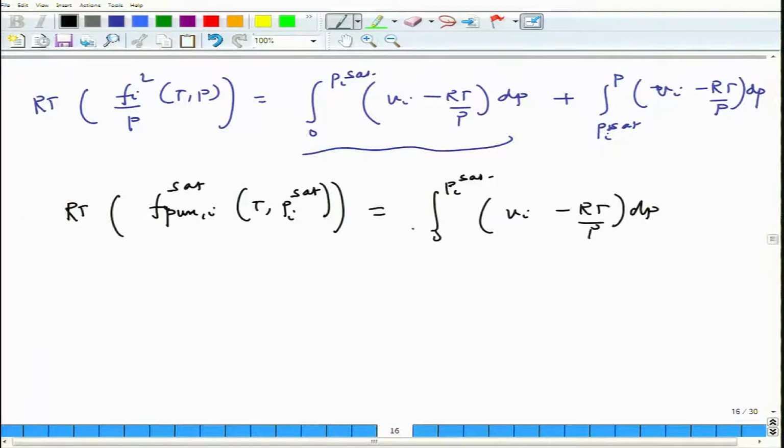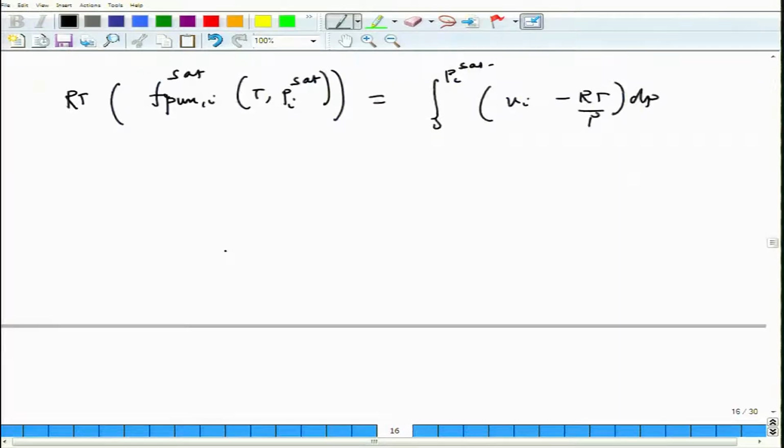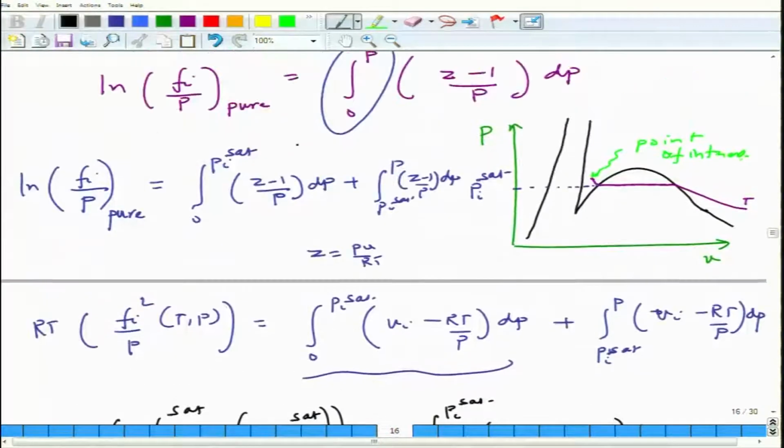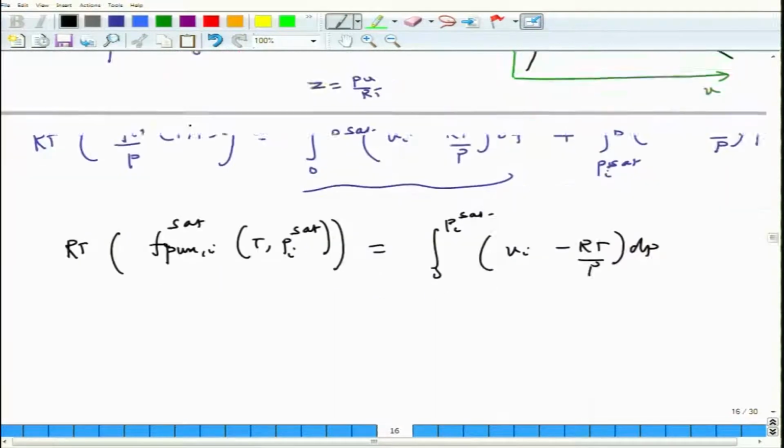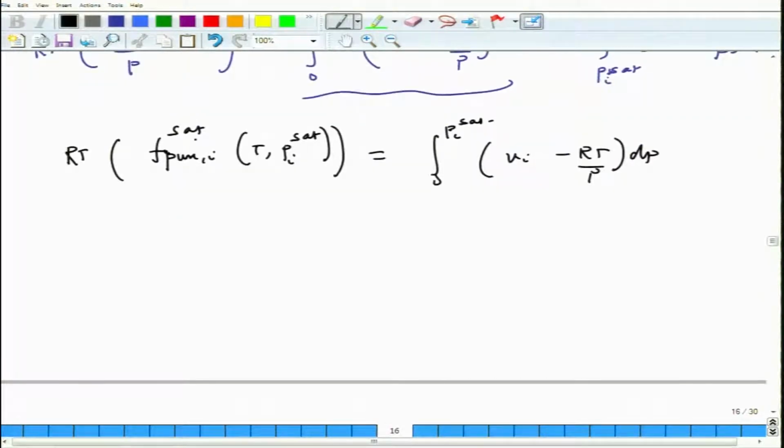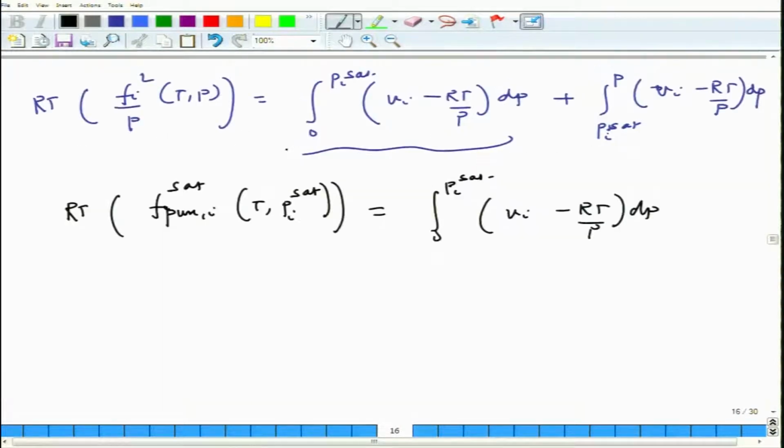This term is in fact by definition. From here we can directly get, putting P as P sat, this f_i corresponding to saturation condition. Now, we plug this expression back here, because for generic T and P, this part is nothing but RT ln f pure sat.